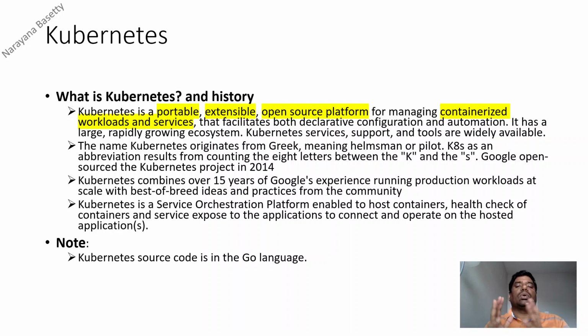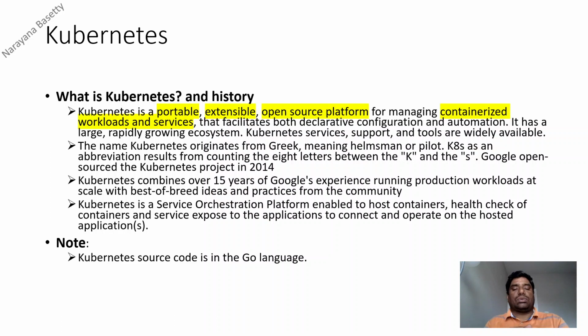That is called portable. And extensible, why do we use that term? That means the current Kubernetes product, you can take it as source code and customize it as you need, according to application needs. And we can build or rebuild this product and host it.